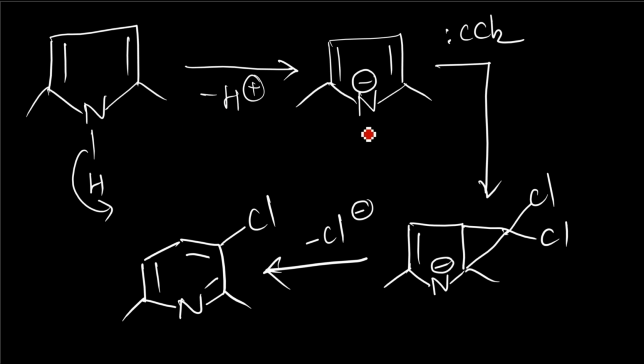So B starts here from dichlorocarbene. This is carbene, right? So first H plus is lost from the compound. N minus is there. So here you can see, as usual, what we saw in the Reimer-Tiemann reaction also. It is forming a carbene intermediate.